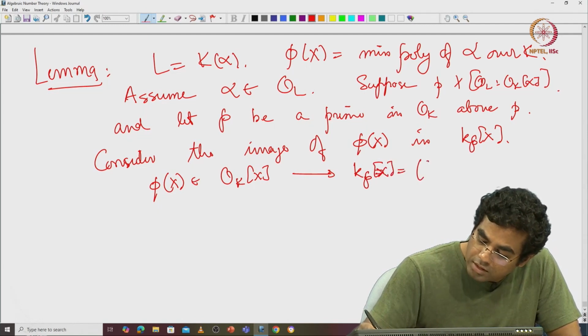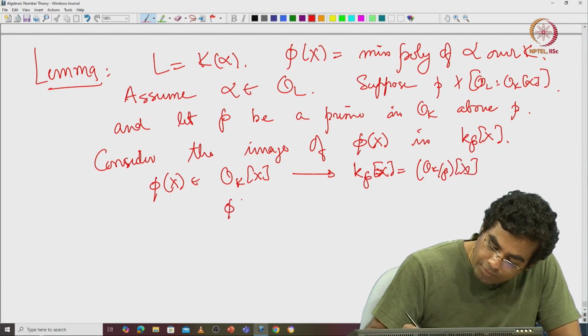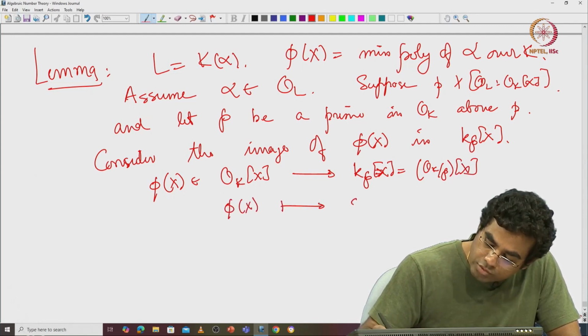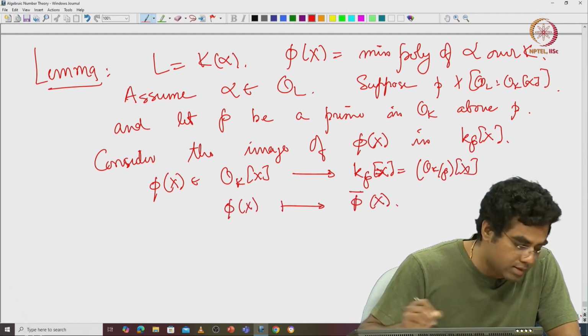This is just (O_K mod P)[x]. And phi(x) here goes to, I will call it, phi bar(x).